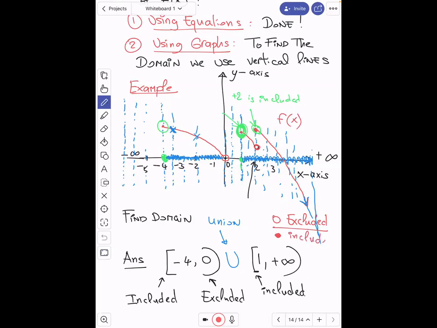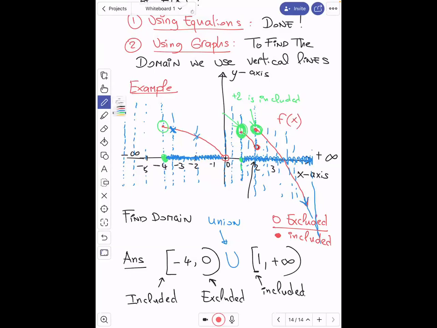So when you draw a vertical line passing through the +2 right here, you don't really care about the empty circle, because we do have a full circle, which means that the +2 is included in the domain, right? So you don't have to stop at +2.